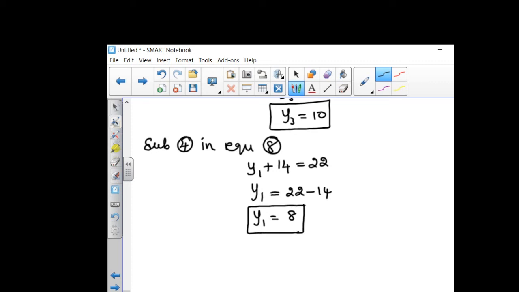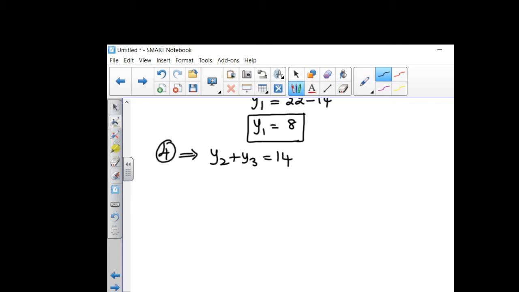Okay. Then take the second equation, which we already took. That is y1 plus y2 is equal to 14... So y3 is what? 10. So y2 plus 10 is equal to 14.